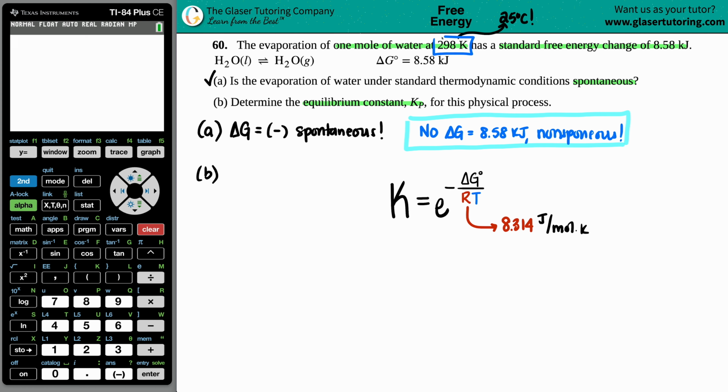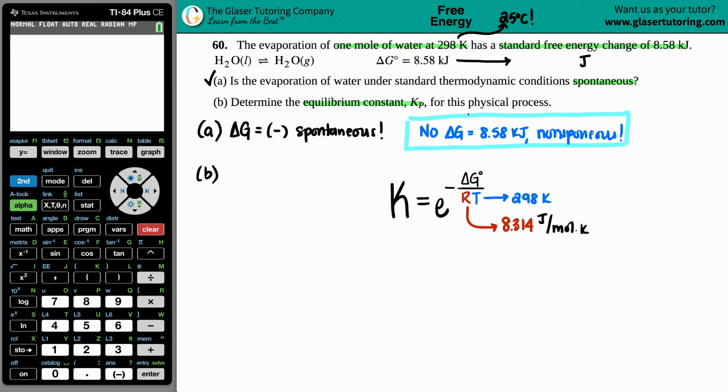Thank goodness, they already gave the temperature in Kelvin, so I don't have to convert anything here. But that delta G value has to be in joules. So before we plug any value in here, I first have to convert the kilojoules into joules.